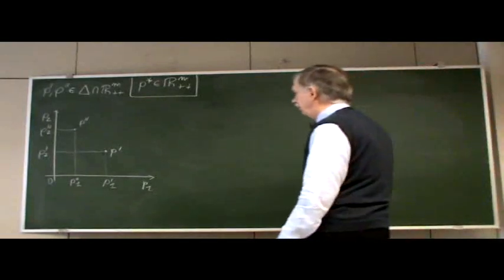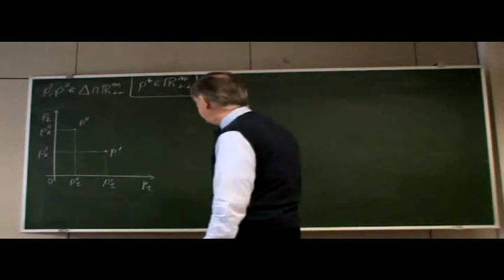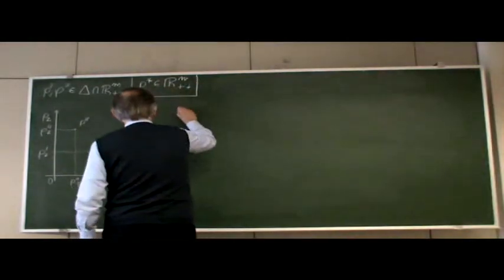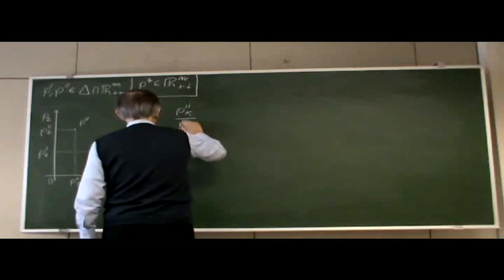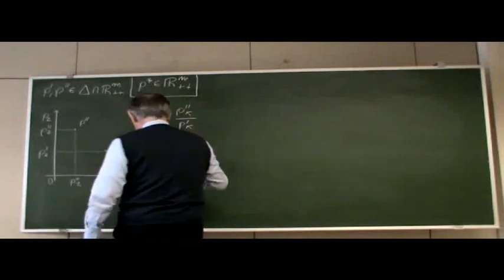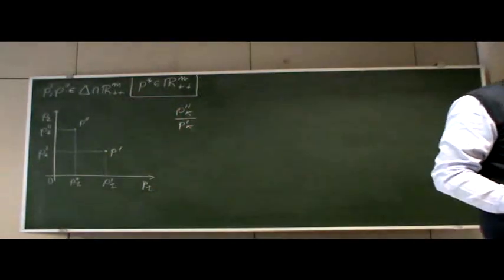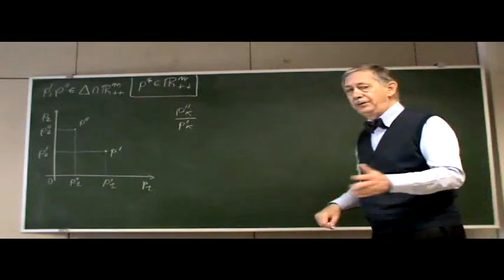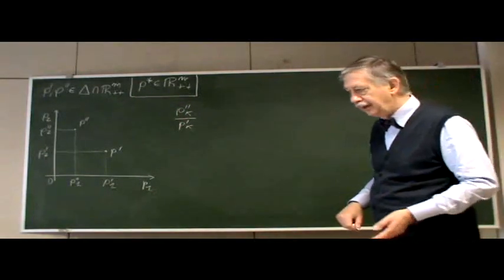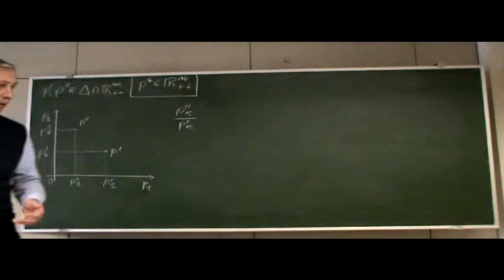Since all the components of these two price systems are positive numbers, you can compute, for every good, say K, the ratio between the kth component of P double prime and the kth component of P prime. All these numbers are positive as well.